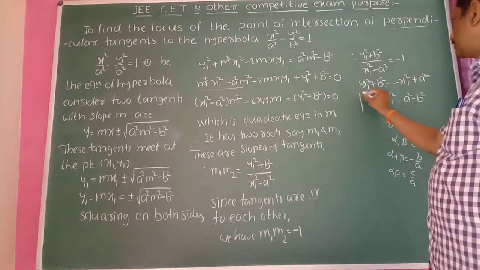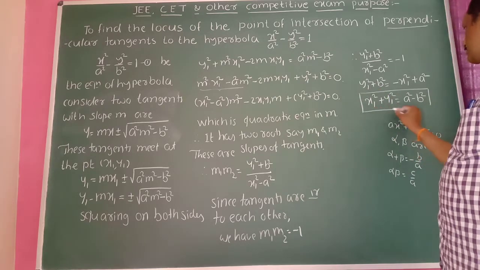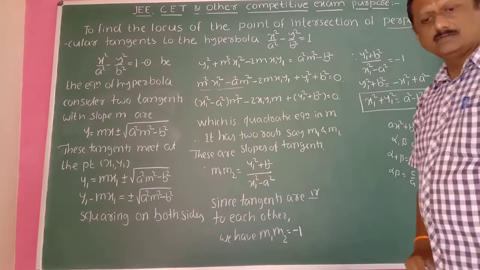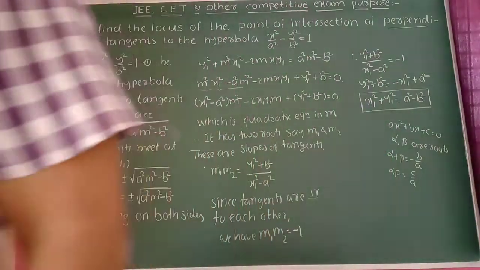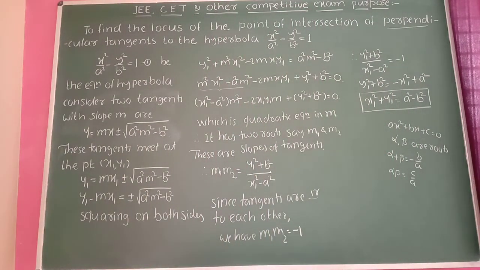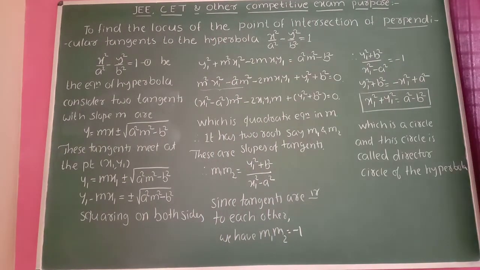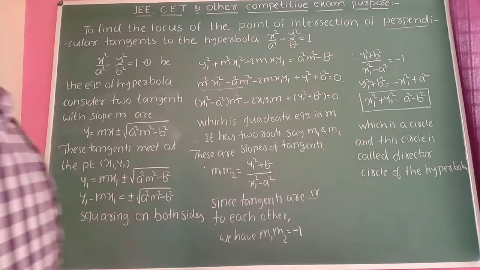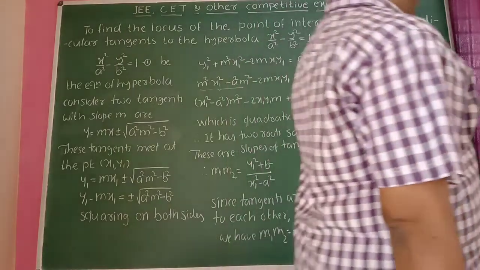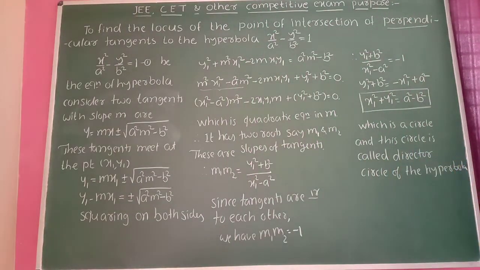So this is the required equation of the locus. Therefore, since both the tangents are perpendicular to each other, the equation of the locus is x1 square plus y1 square is equal to a square minus b square.